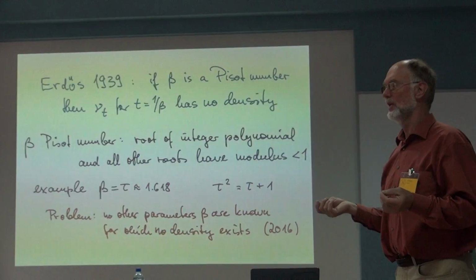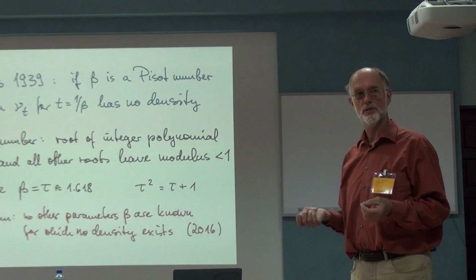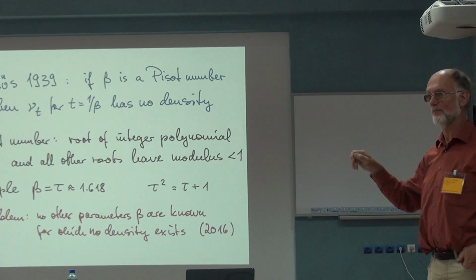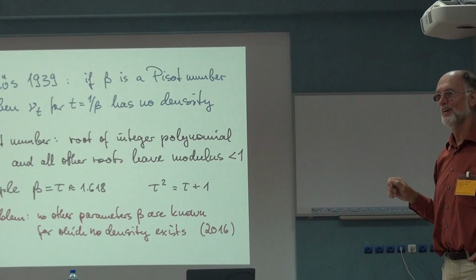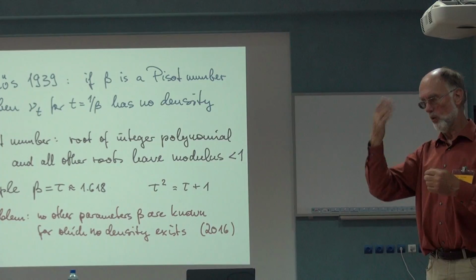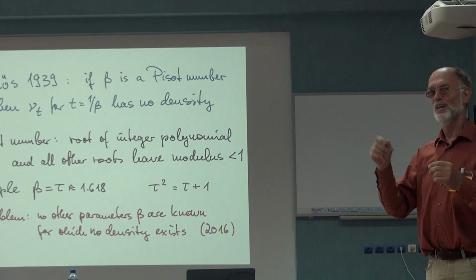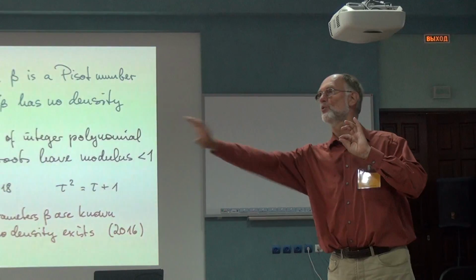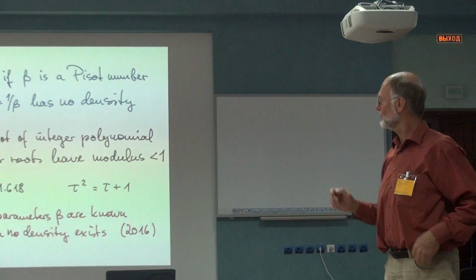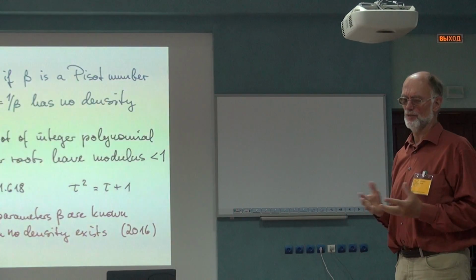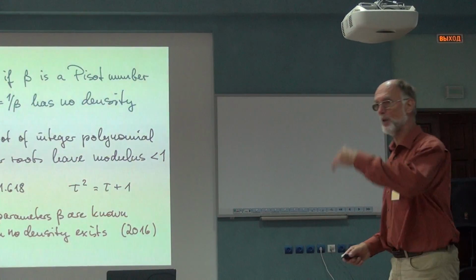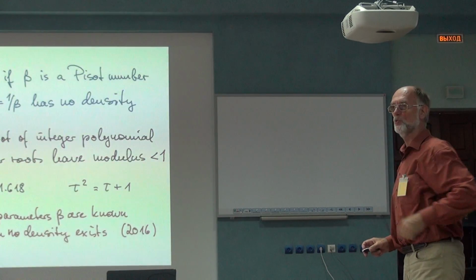So the typical example of a Pisot number is the golden mean, tau equal to (root 5 plus 1) over 2. Yeah. And you know perhaps that when you take the golden mean to a power like 100, yeah, then you have always an integer up to 30 decimals or 50 decimals. Yeah. So these are relatives of integers. Pisot numbers are relatives of integers because their powers are all very near to integers.